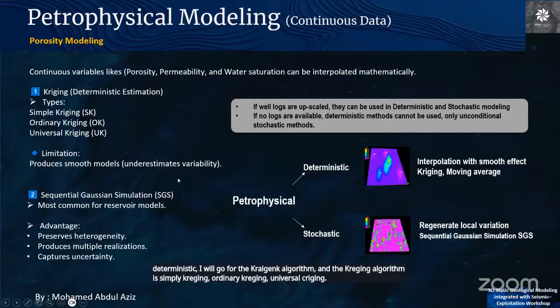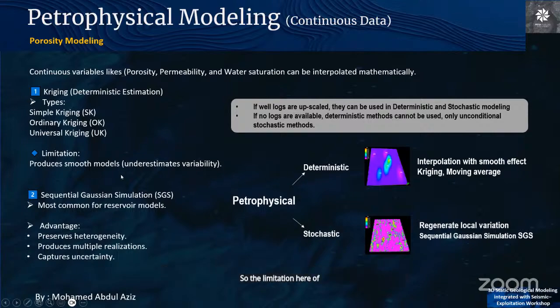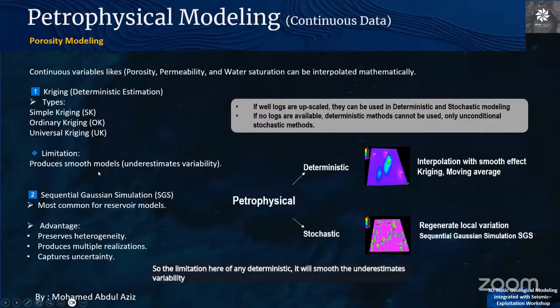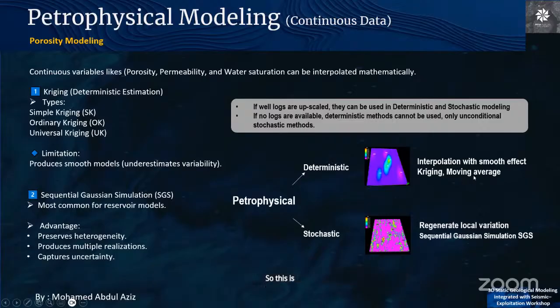The limitation of any deterministic method is that it smooths the models and underestimates variability, and it comes with one realization only. This is because it is a moving average of what you have from the well data.